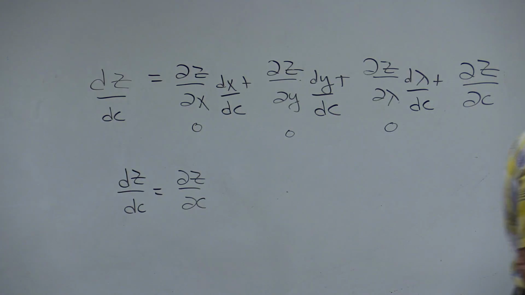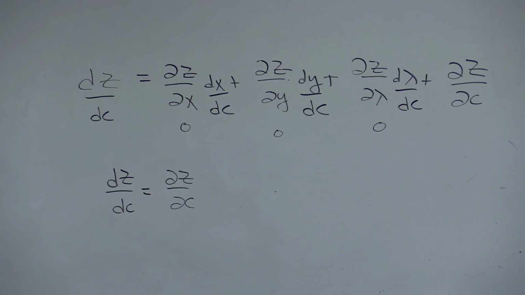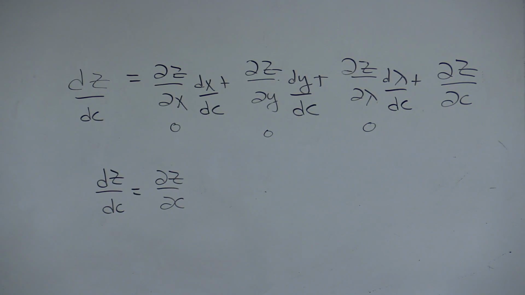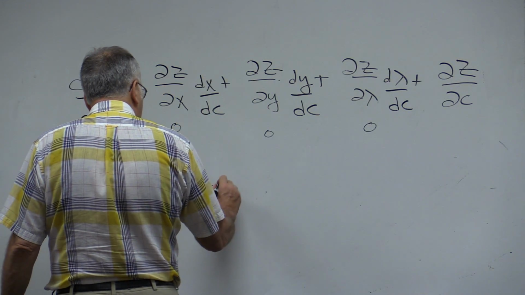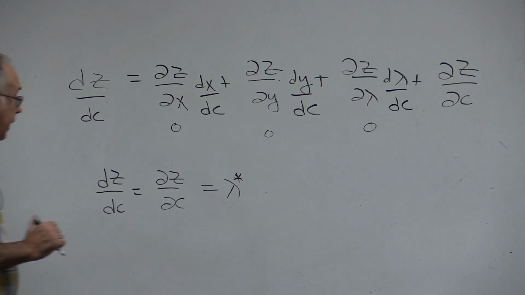Just look at this equation right here. What is partial z partial c? Lambda. The coefficient on lambda is just c. So lambda is the coefficient on c. So it's just lambda. Or more in particular, since we're using the optimal values of x, y, and lambda, it's lambda star.